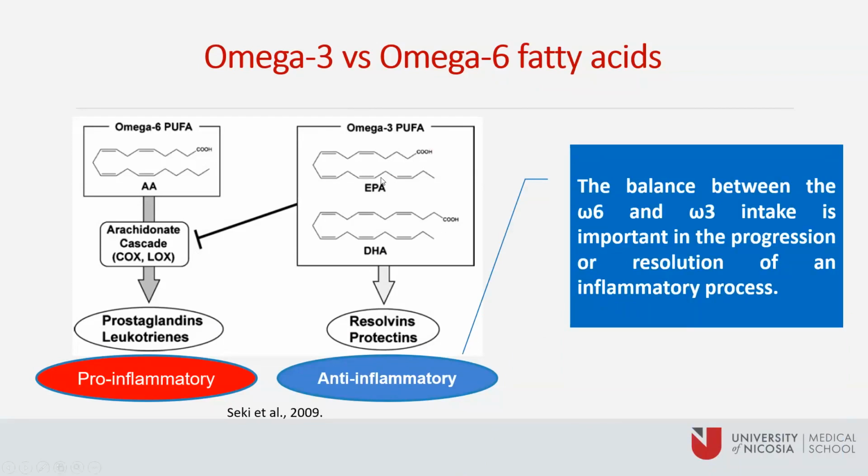They have found that the higher the ratio of omega-6 versus omega-3, the more likely the progression of a disease like cardiovascular disease or cancer is. And more specifically, since we're talking about eye pathologies, they also found this in different eye pathologies, whether this was done in preclinical models or in clinical trials.